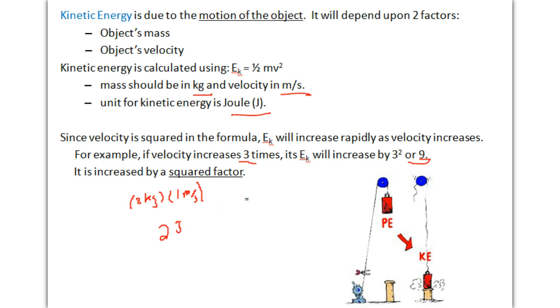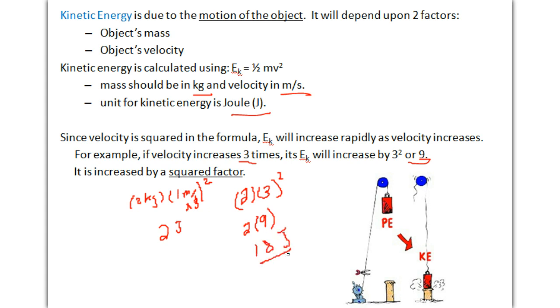But if you take the velocity and increase it 3 times, the mass stayed the same, but the velocity is now 1 times 3, and that gets squared, so 2 times 9.